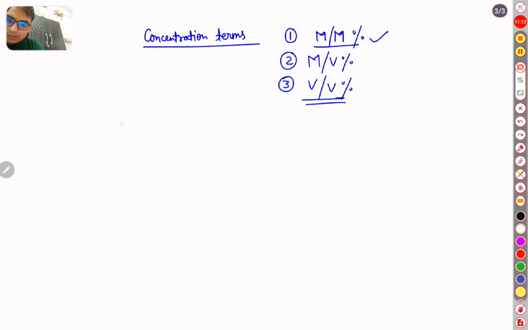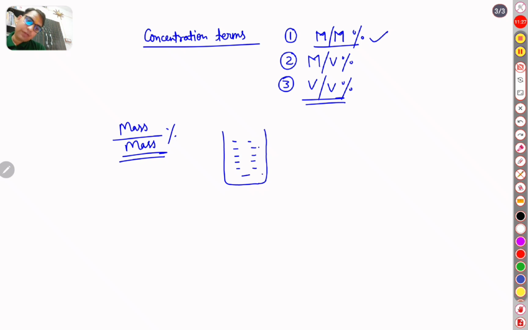Mass by mass percentage. Suppose there is a solution given in a beaker, and in the solution, solute and solvent are there.